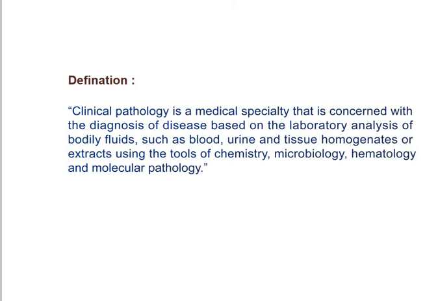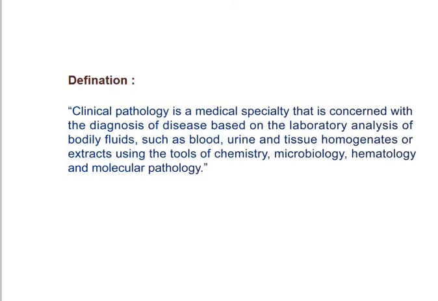So, this specialty requires a medical residency and should not be confused with biomedical science, which is not necessarily related to medicine. Now, this is the definition of clinical pathology.